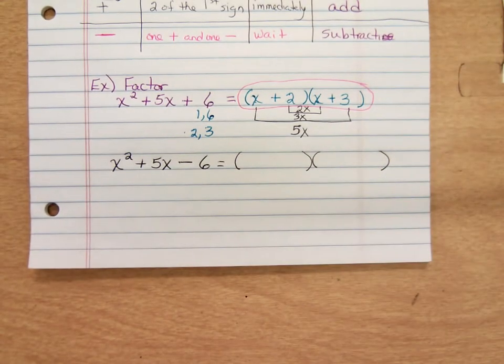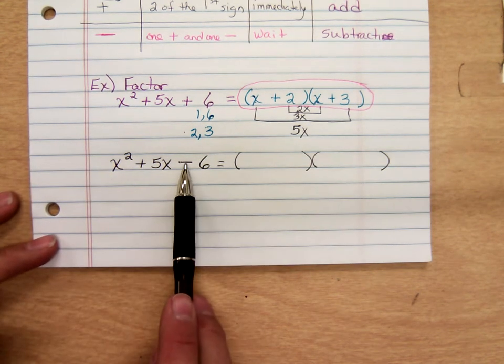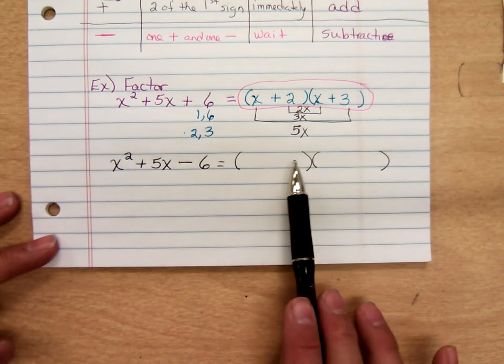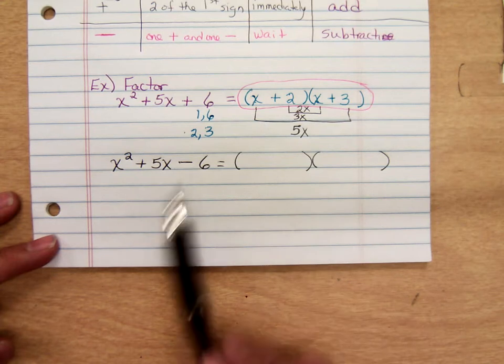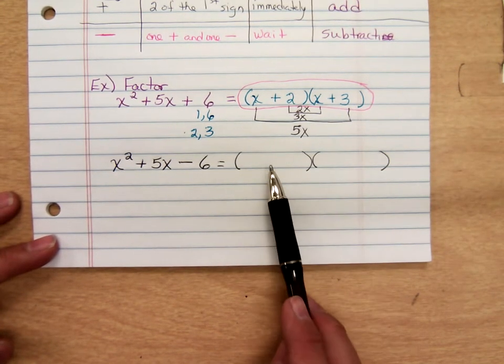Well, how does it differ from the previous one? Well, there's really only one thing different. This second sign is a minus. We're going to need this number and this number to multiply together to give a negative. So that means it can't be positive times positive or negative times negative.